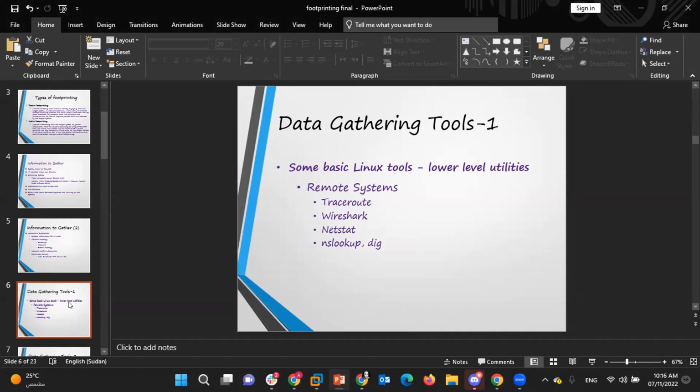Before talking about the data gathering tools, we first need to know the steps the attacker can go through to perform footprinting. Firstly, he needs to find the external or internal URL of the company.